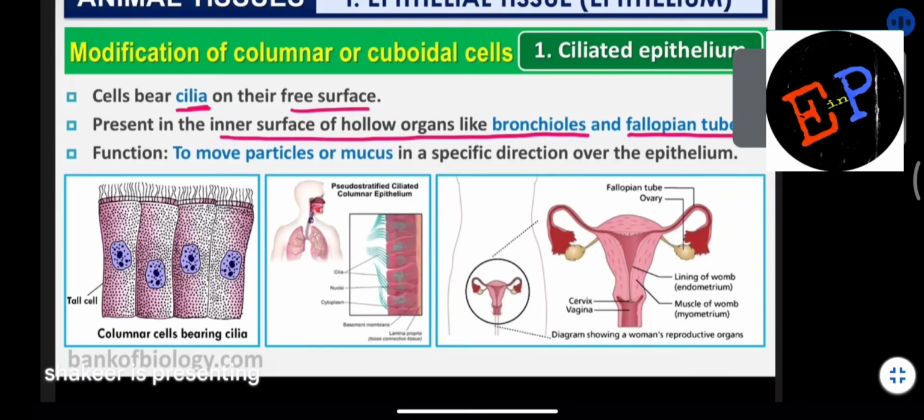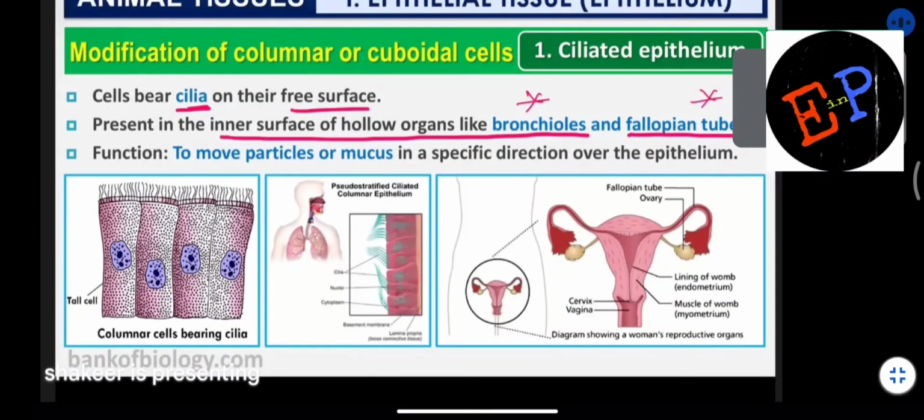Fallopian tubes are found in the female reproductive system, and in these fallopian tubes also you can find ciliated epithelium, where small microvilli will be present, and in bronchioles also. Bronchioles are present inside the lungs. Are you able to understand?